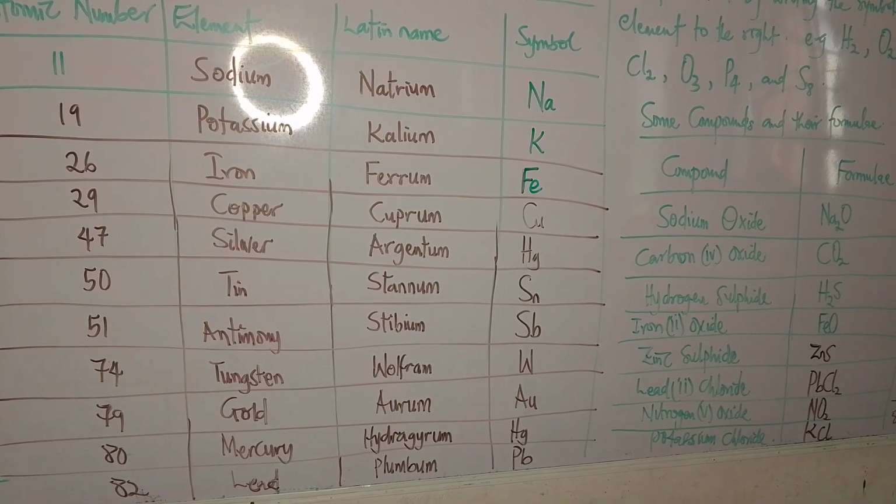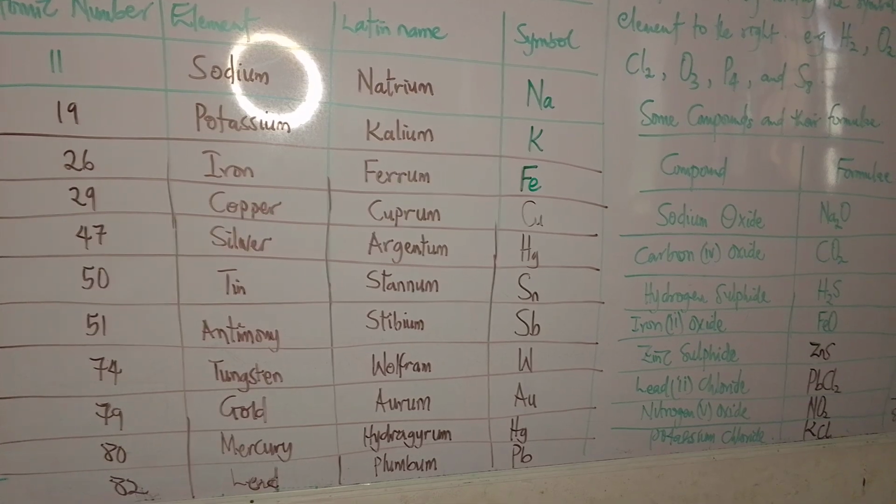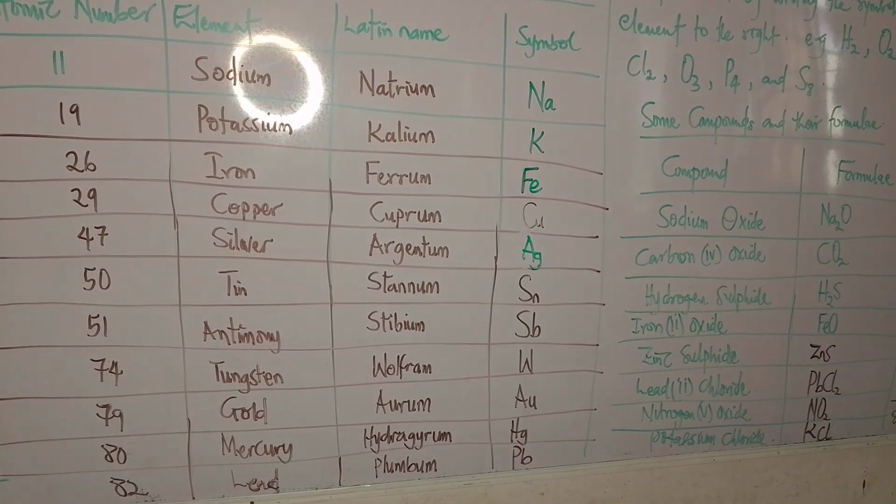Now we have iron, which is ferrum, that's Fe. Copper is cuprum, that's Cu. Silver is argentum, that's Ag.